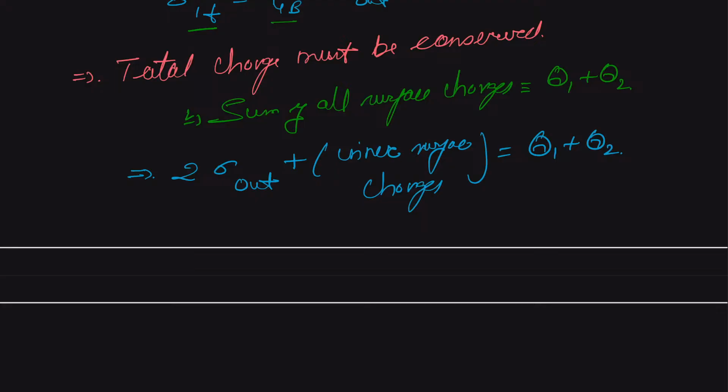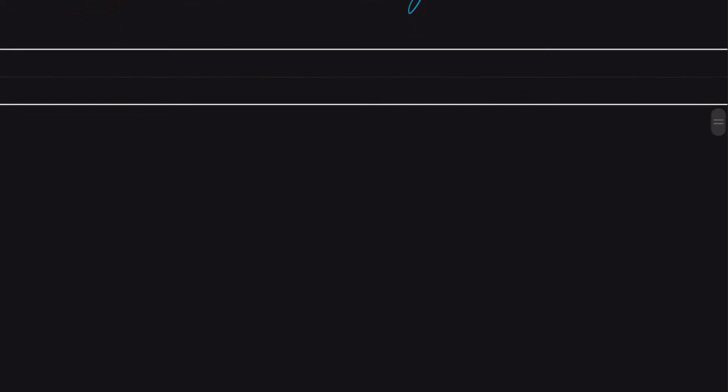Therefore, in terms of our parallel plate capacitor, this means that the facing surfaces which are facing one another must have equal and opposite charge densities. This looks a little bit complicated, but it is very easy to understand.